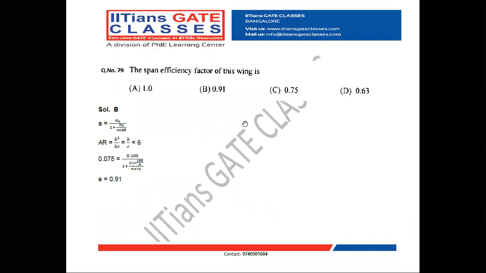So the lift curve slope for a finite wing, A, is equal to A naught divided by 1 plus A naught divided by pi ER, where A naught is the lift curve slope of the airfoil, if the lift curve slope is given in per radian. If the lift curve slope is given in per degree, then we have to use a factor.